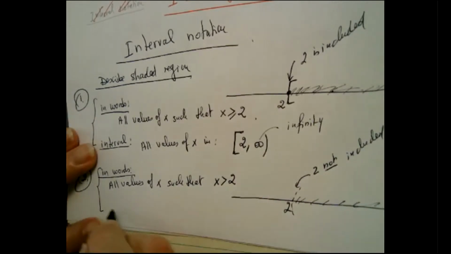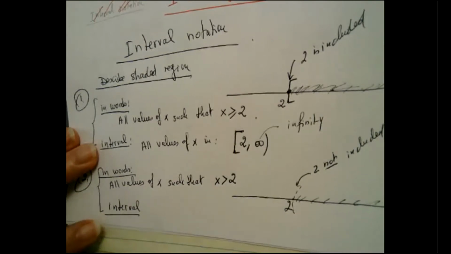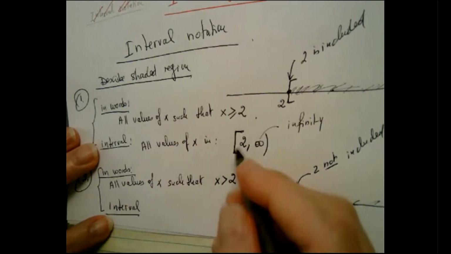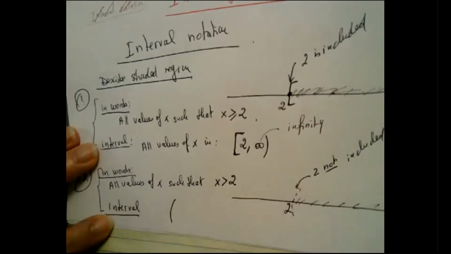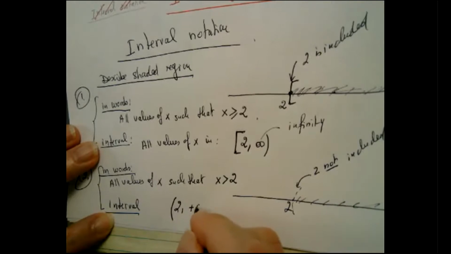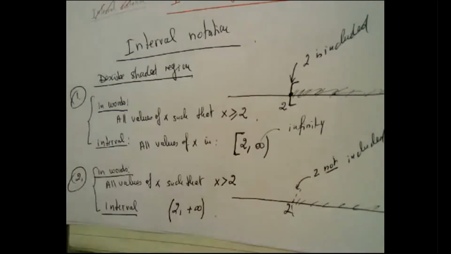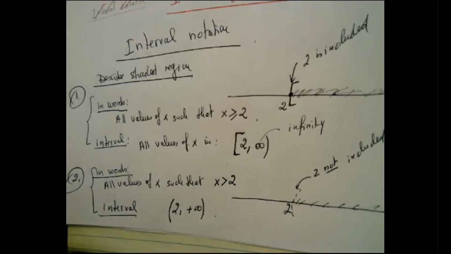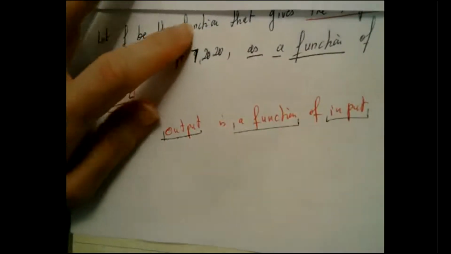Interval notation is the same thing, but instead of a bracket we put a parenthesis. It means 2 is not included, and then plus infinity. Now, another notation for intervals that, again, we have to know very well.